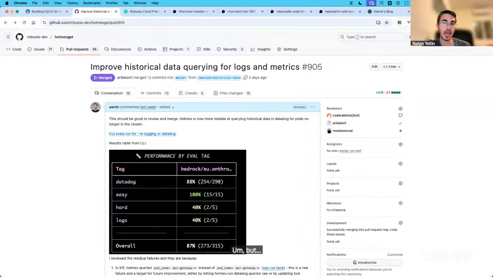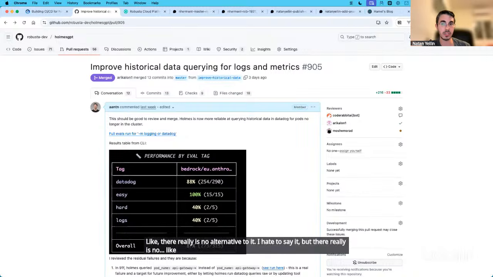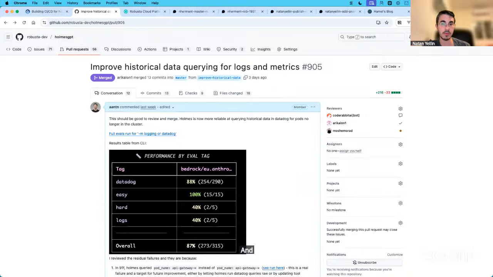But there really is no alternative to it. I hate to say it, but if you're building AI agents and rolling them out and you want them to be reliable in the real world, there is almost no alternative to writing quality evals today. OpenAI does it. They have their whole public evals as well. Anthropic does.